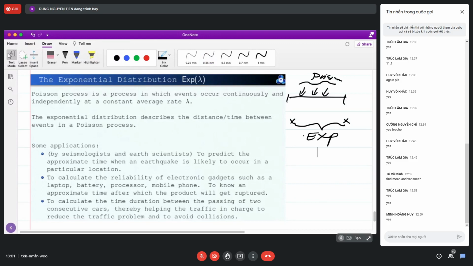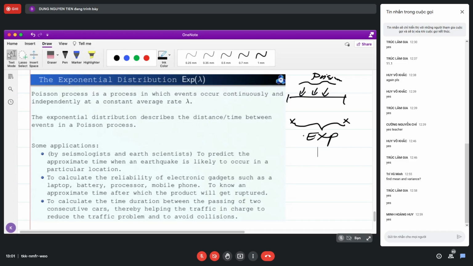There are many applications of the exponential distribution in reality. The exponential distribution can be used by seismologists and earth scientists to predict the approximate time when an earthquake is likely to occur in a particular location.